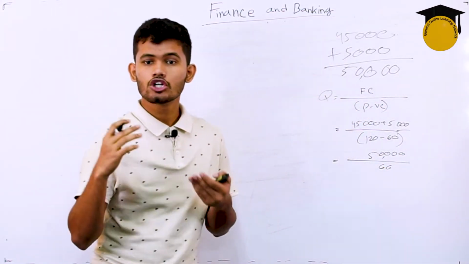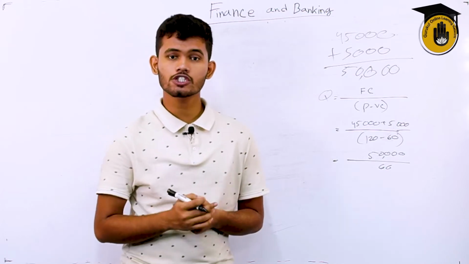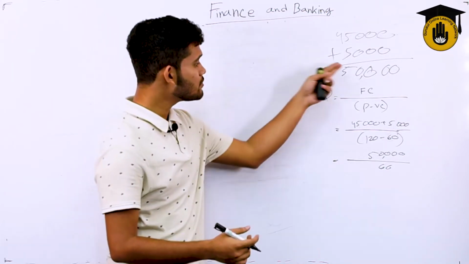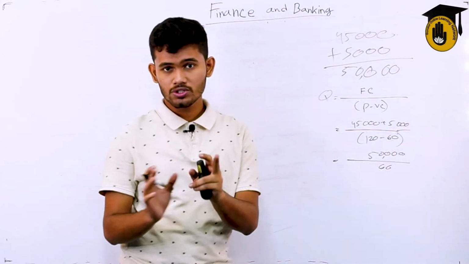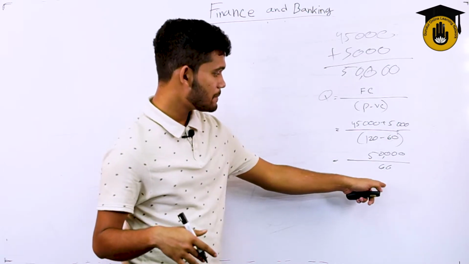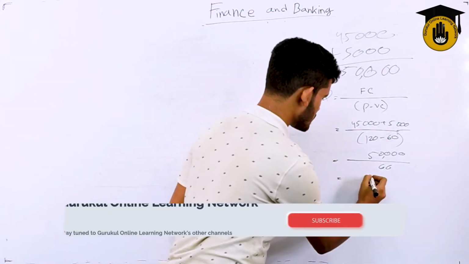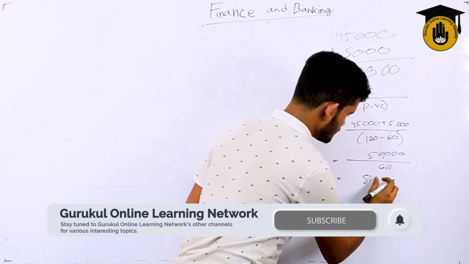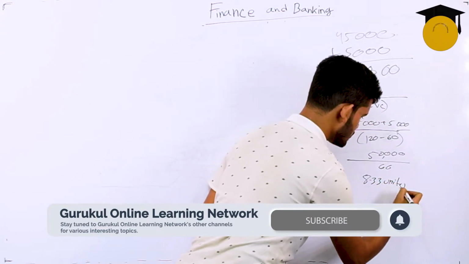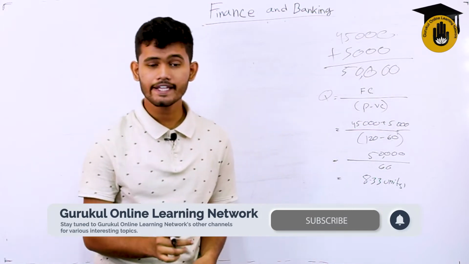If they just normally add our fixed cost with taka 5,000, 10,000, whatever it is, in the next line we'll just add that. No other conclusions, no other more problems. So if we divide 50,000 divided by 60, it will take us to a round figure of 833 units of product. 833 units of product.